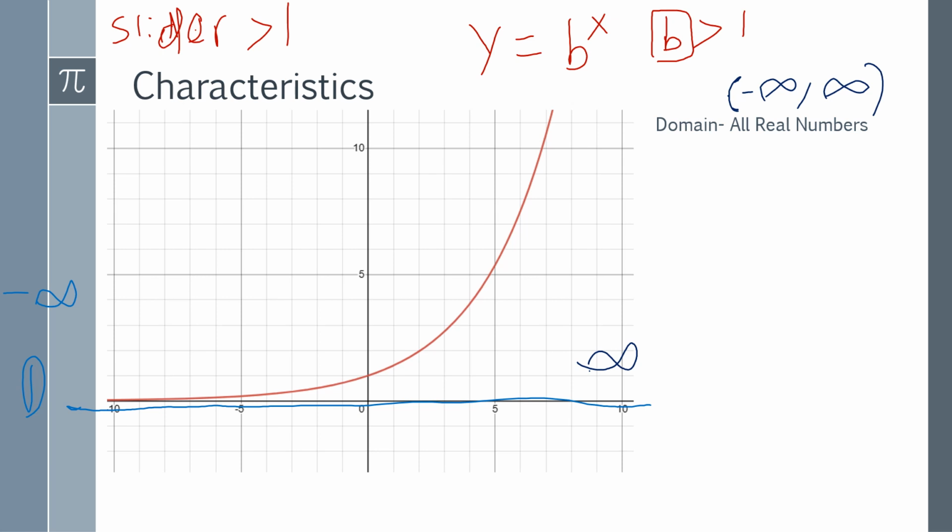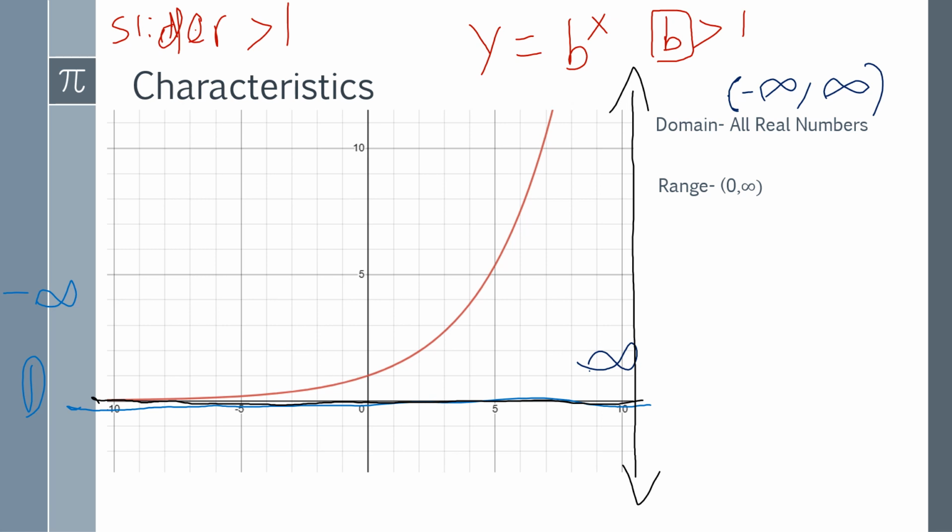All right, so let's talk about the range. The range is all the y values. So we look at this graph, it starts off at some value at 0.